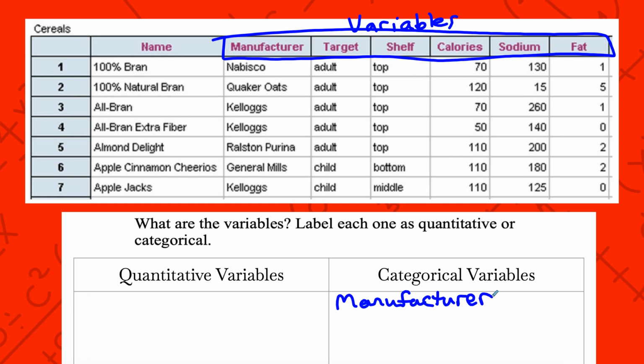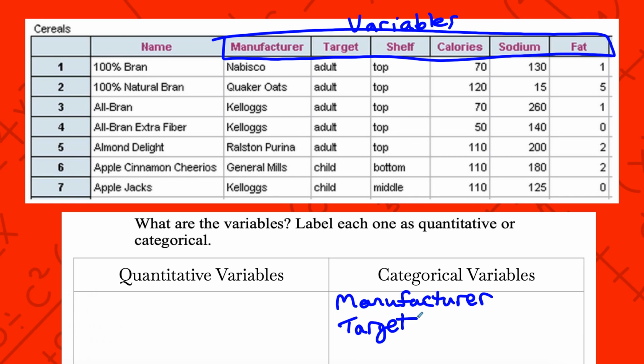The next one is target. So is it an adult cereal or a children's cereal? That's not a number, so we're going to put that over here too. So target, the target audience, is your cereal for kids or for adults.